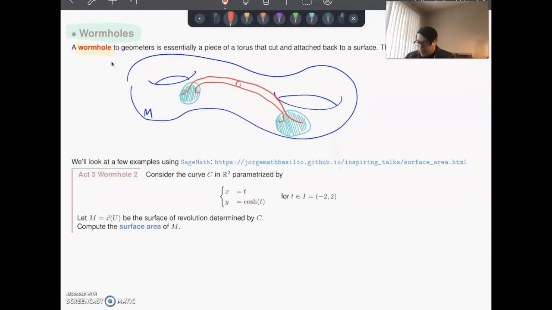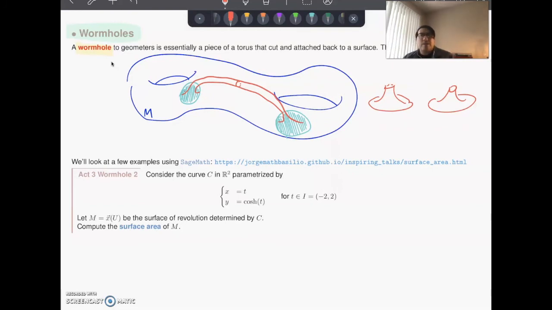The idea is it should look something like this to begin. Let me just draw a piece of it, where you want to be able to glue this piece of the tunnel back onto your surface, and then you want another piece of it over here as well. I like to visualize them cut off, so it's almost like you cut it for a specific reason.